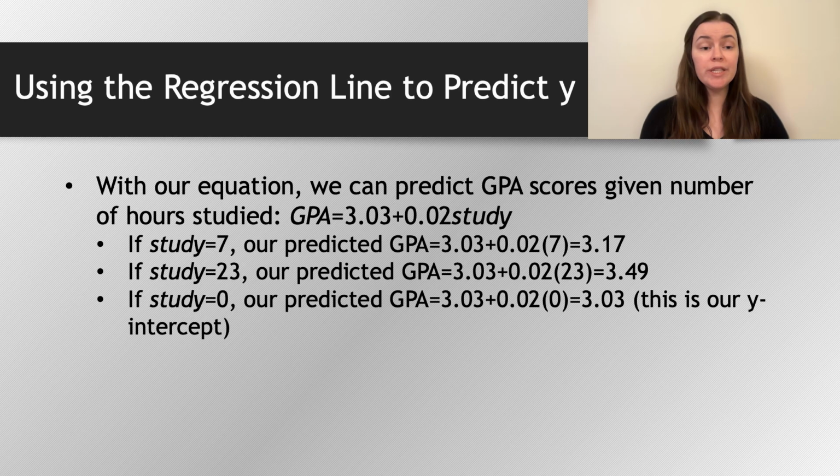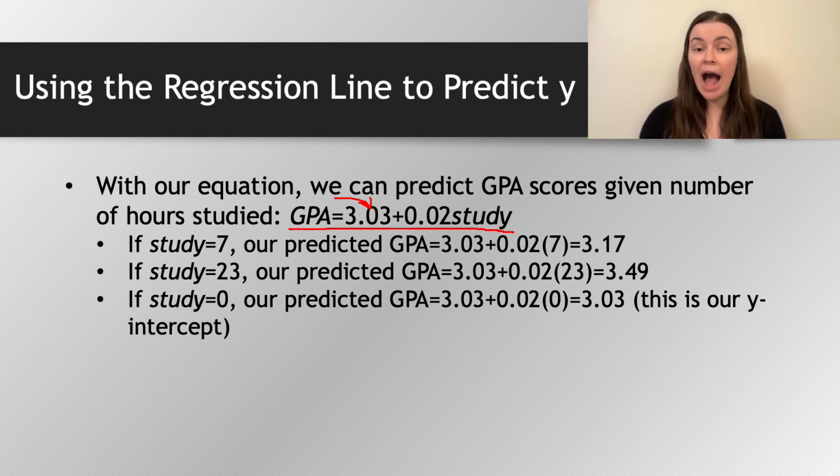So, using our equation, we can now predict GPA scores given the number of hours studied. So this was the equation that I had listed on the previous slide. Again, our y-intercept here was 3.03, which indicated to us that if you didn't study at all, so 0 hours, you would still be predicted to get a 3.03 GPA.